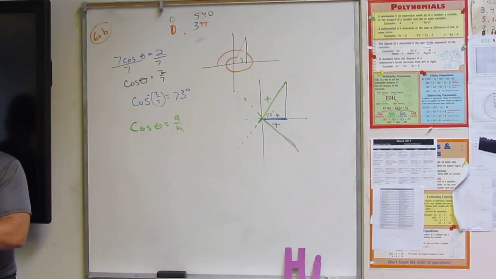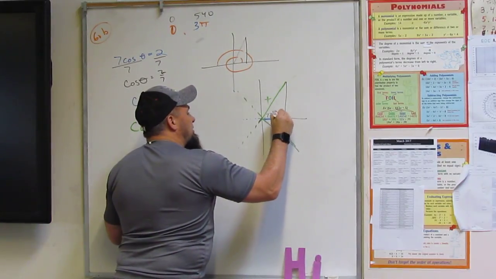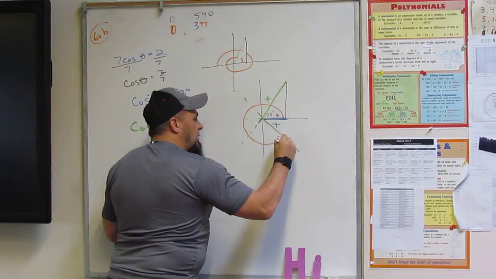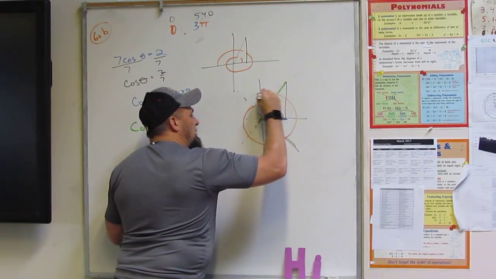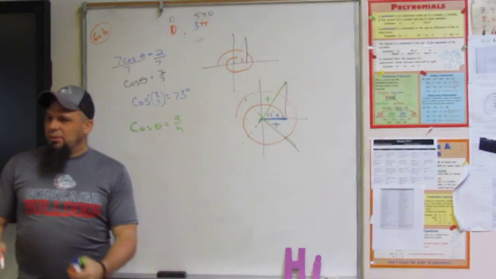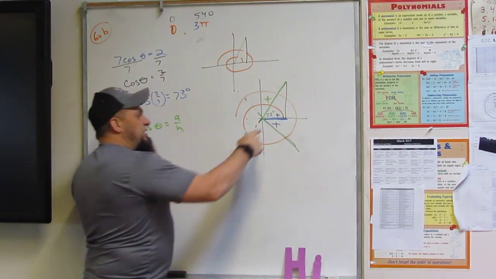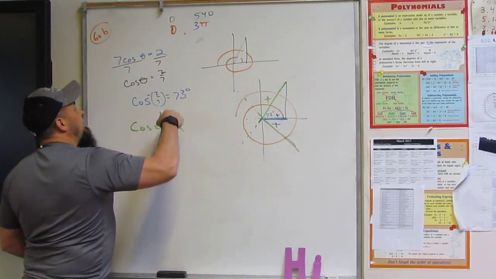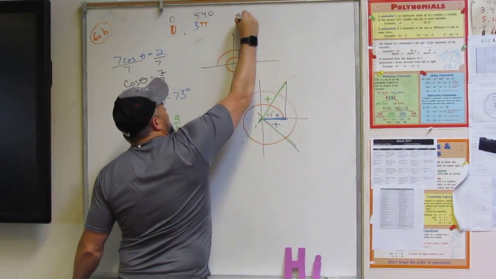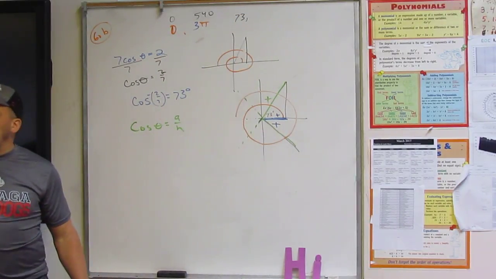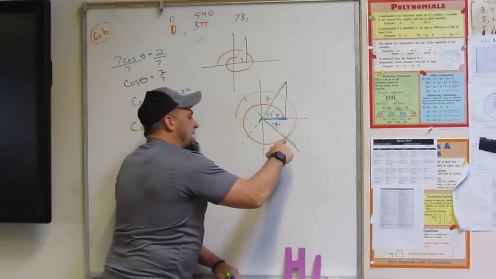Now, we said it would go around not just once, but 1.5 times. Which means that now we are looking at this first angle, which is 73 degrees, but also this second angle.